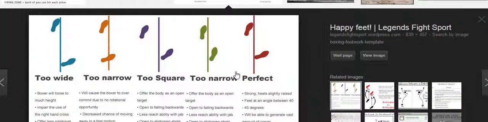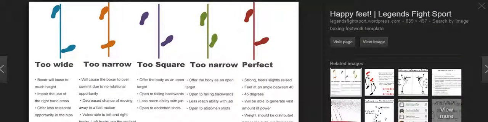Angles are also important for footwork. As you can see right here, there are different footworks that you're watching, and of course, angles are involved there. You just have to look at the midline here, which would probably be the y-axis in this case.